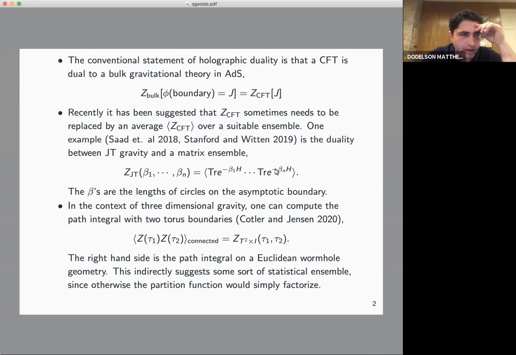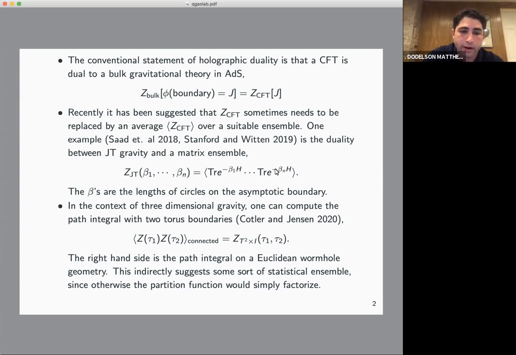In the context of 3-dimensional gravity, it's not as clear, but there's an indirect argument that possibly it's also dual to an ensemble average. So this is due to Cotler and Jensen. So you can compute the path integral with 2 torus boundaries in the bulk. So we have 2 disconnected tori, and they're connected by some geometry. And so this is the partition function on T2 cross an interval, and that has an interpretation as the connected correlator of 2 partition functions on the boundary.